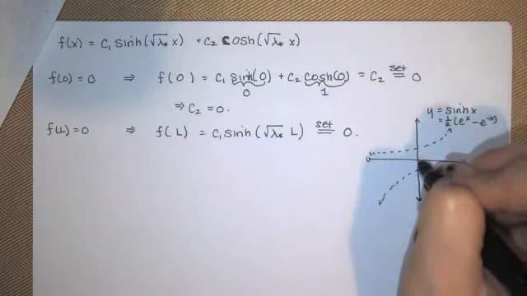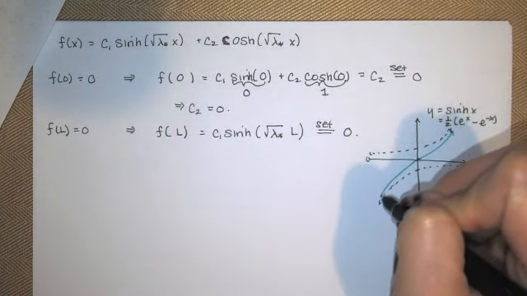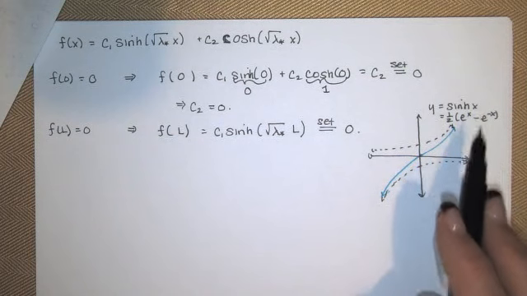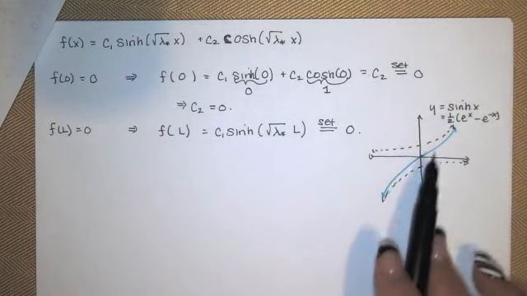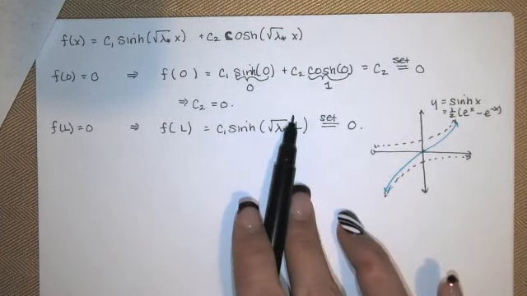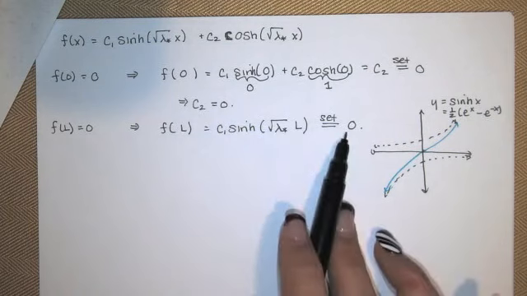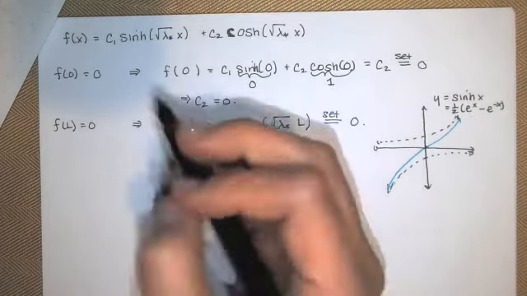And our hyperbolic sine function looks like this. So the only time the hyperbolic sine function is 0 is when the expression inside, sometimes called the argument, is 0. If that is 0, then we get 0. Otherwise, this is not going to be 0. So if this times this equals 0, and since this isn't 0, that means that C1 must be 0.